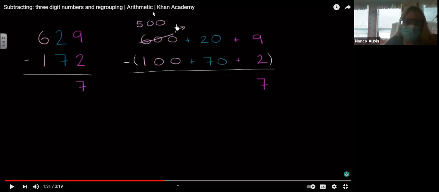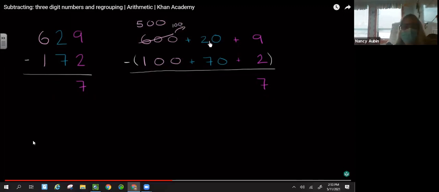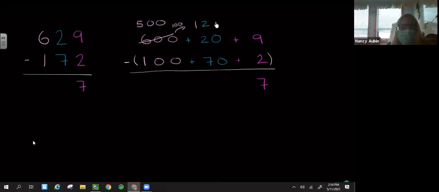What is 100 plus 20? Well, it's going to be 120. So I didn't change the value of 629. I took 100 from the hundreds place and I gave it to the tens place. Notice 500 plus 120 plus 9 is still 629. We haven't changed the value.